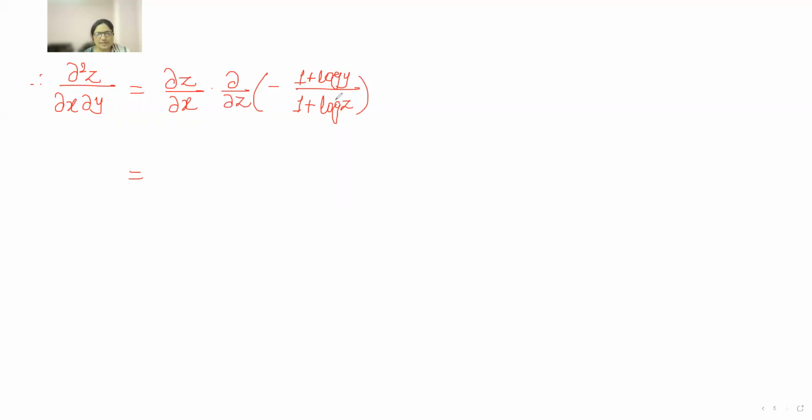What we are getting is that 1 + log y is constant, and then the derivative of 1 + log z.